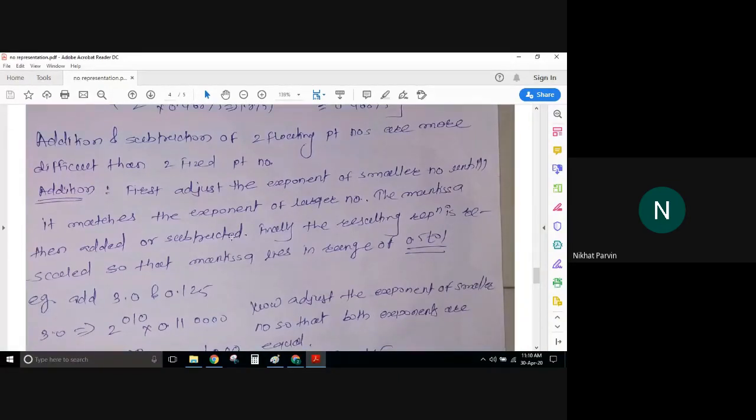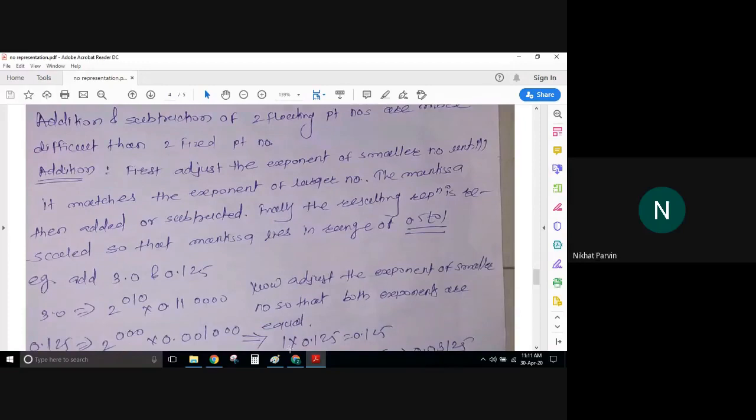In my fixed point arithmetic, when I was doing addition, it was a bit easier to add. Simply go on adding from right to left, and the only problem is when you are adding two b-bit numbers and your answer gets b plus 1 bits, at that time overflow was occurring. But there was not much problem more than that, apart from overflow. But in the case of floating point representation, I had to take more trouble compared to fixed point arithmetic for the purpose of addition. So how that works we'll see here.